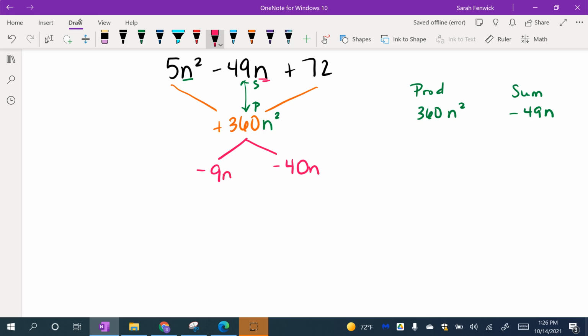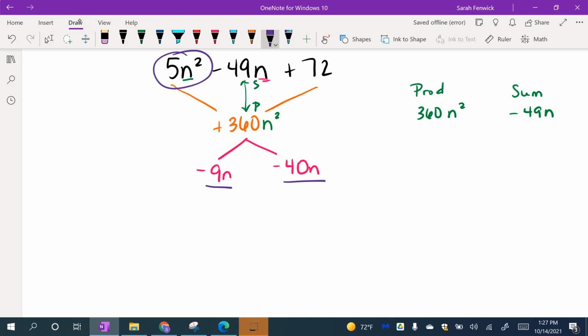Okay, and a lot of you, probably all of you, are saying, wait a minute, Miss Fenwick, why are we putting n's in here? But if you just watch, I promise you'll see that it works out the way you're used to, but adding this one piece should help you understand where all of the n's ended up. So now, in order to do this, we have to divide by 5, because that's the lead coefficient, to simplify.